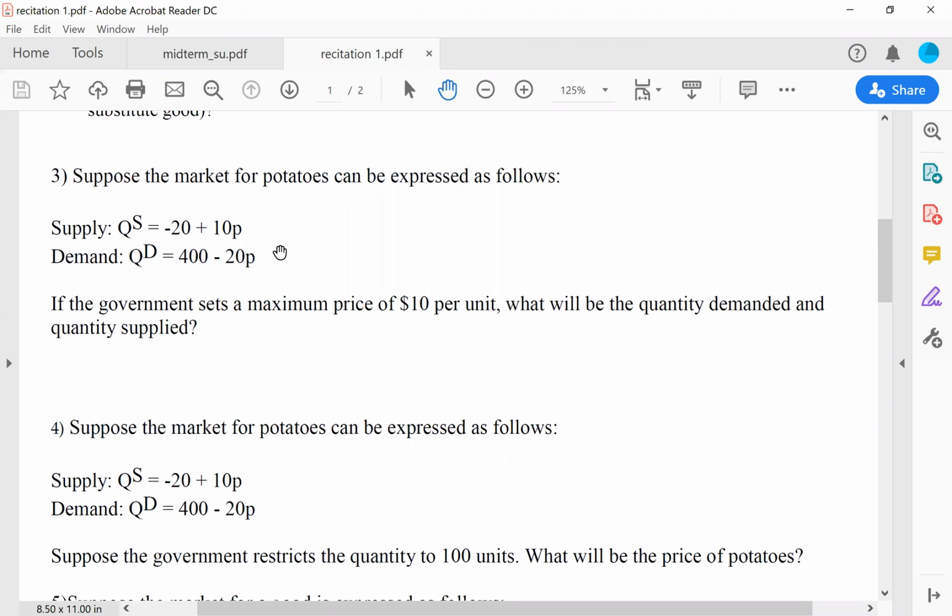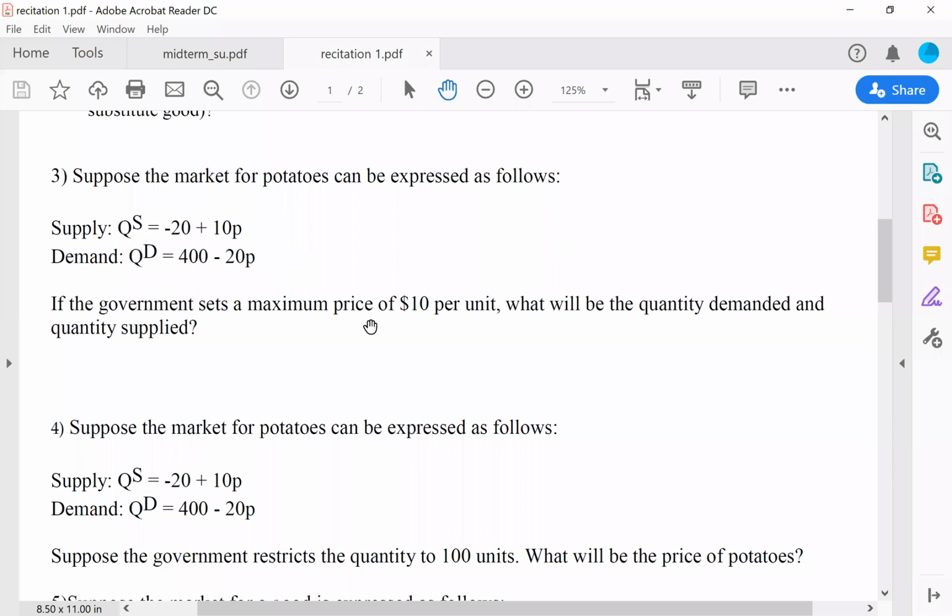Can you see the new screen? Okay, perfect. So we will look at question 3 before the break. It will be a very easy question.